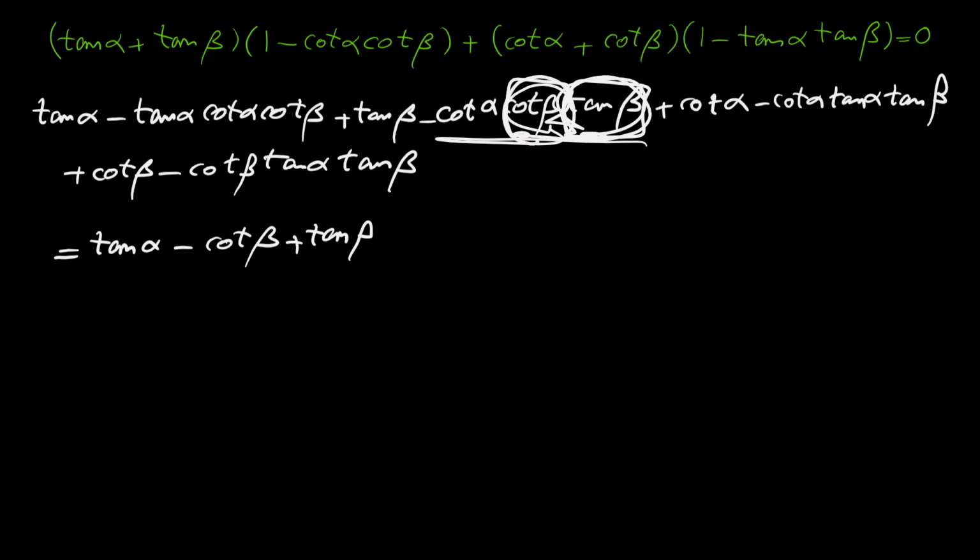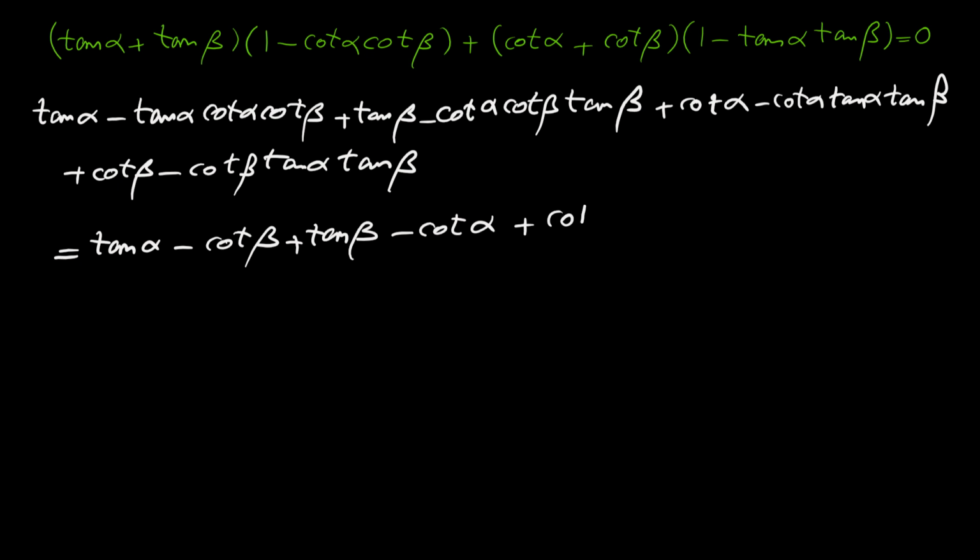So we have only negative cotangent alpha. Then we have cotangent alpha here. Please pay attention, the product of these two is 1. So we have minus tangent beta.